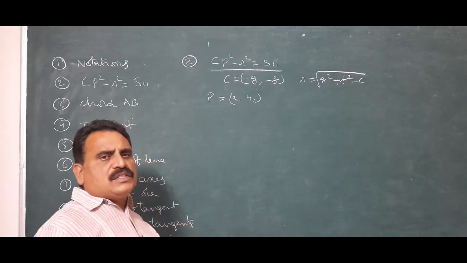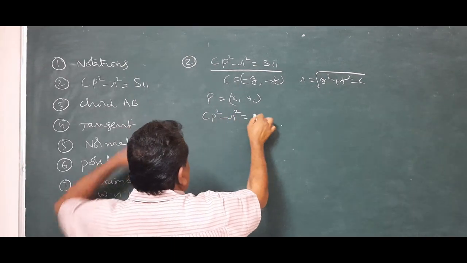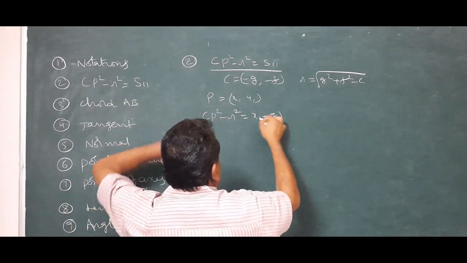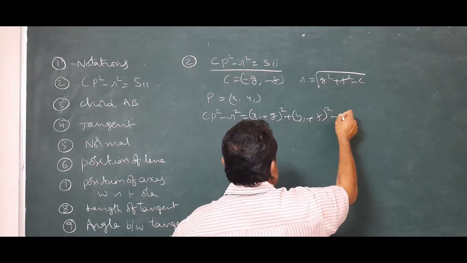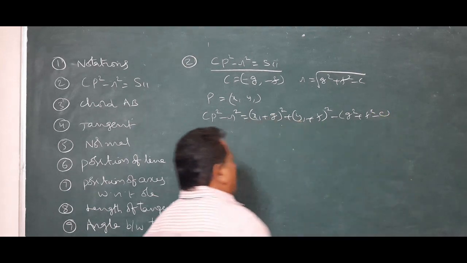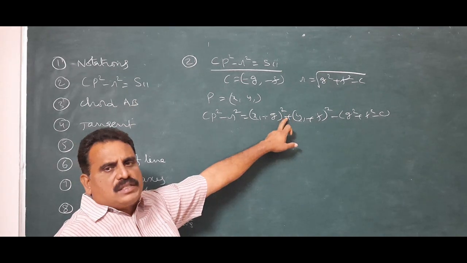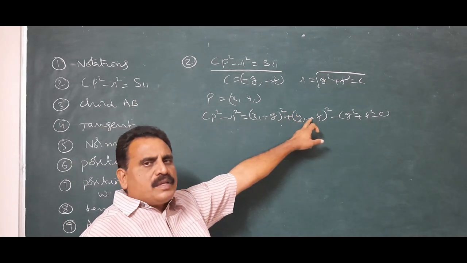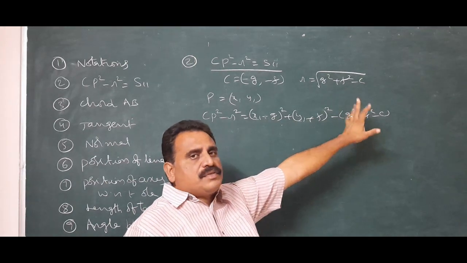Now CP square minus r square. CP square means (x1 plus g) whole square plus (y1 plus f) whole square, minus r square, which is g square plus f square minus c. Expand this, we get x1 square plus 2gx1 plus g square plus y1 square plus 2fy1 plus f square minus g square minus f square plus c.